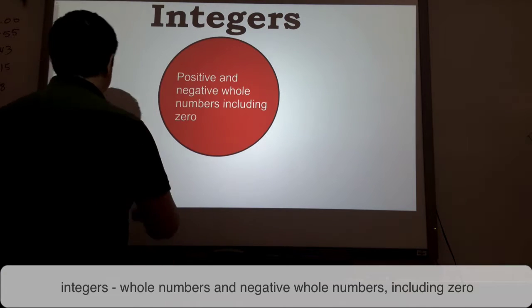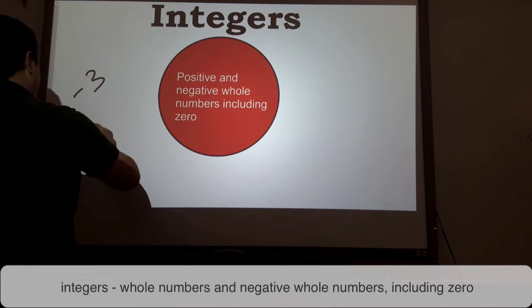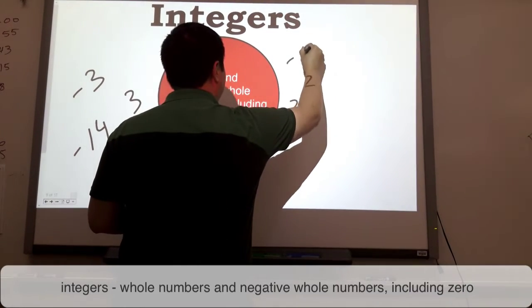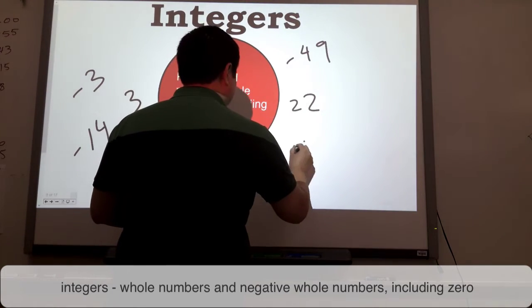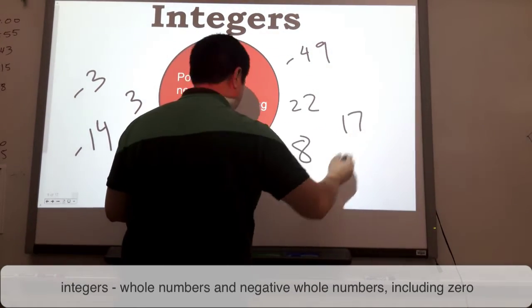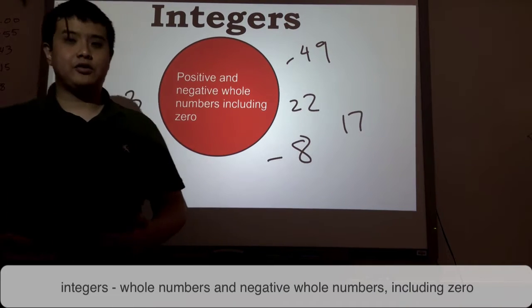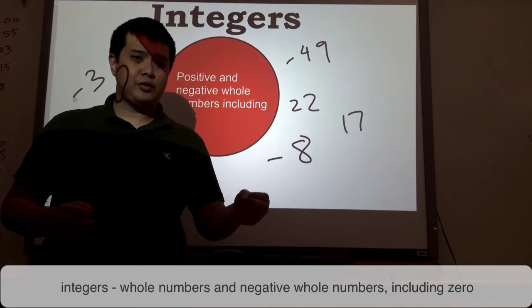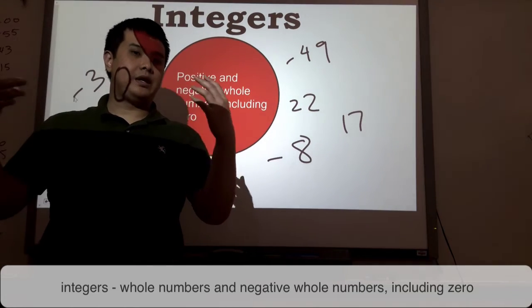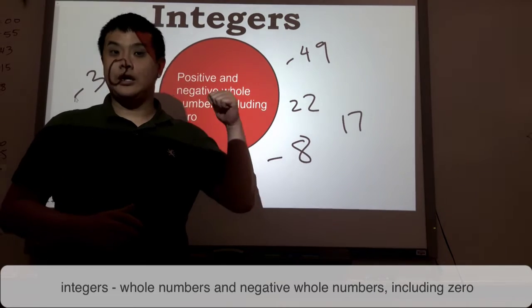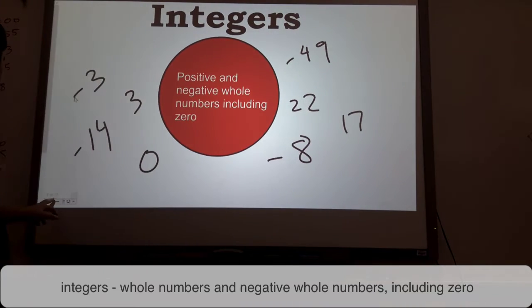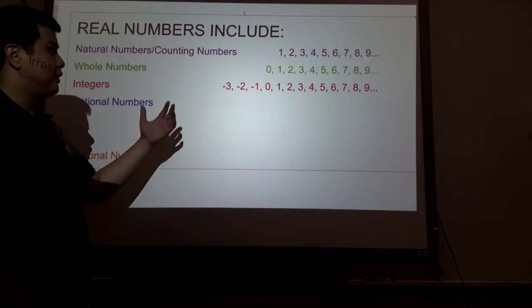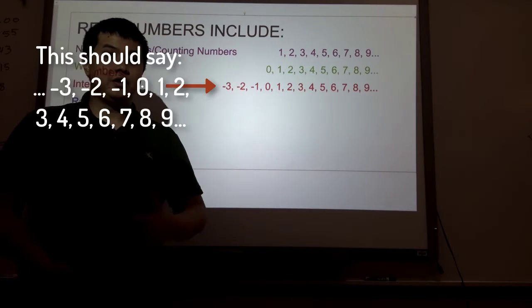So that includes negative 3, negative 14, 3, 0, 22, negative 49, negative 8, and 17, for example. Okay. All of those are integers. So we start with just the counting numbers, we add 0 to make whole numbers, and then we include negatives, which gets us our integers. So over here, please fill in these as well, indicating that the negative numbers were included to create integers.